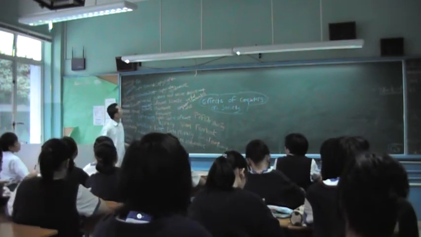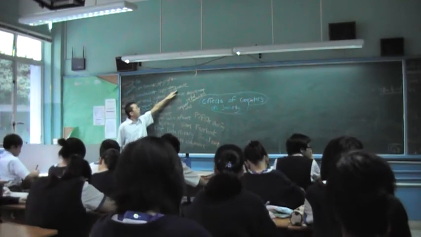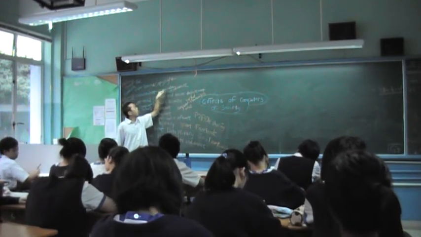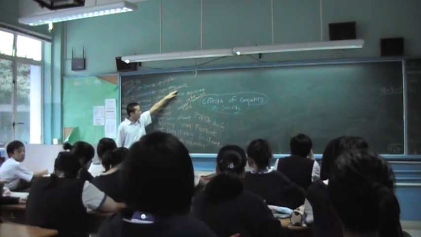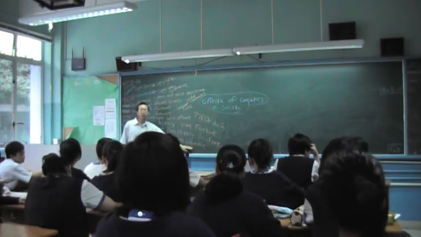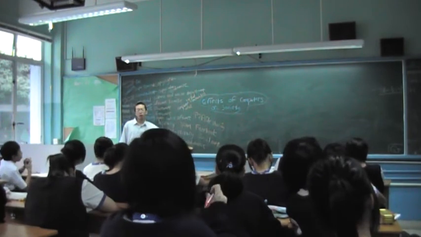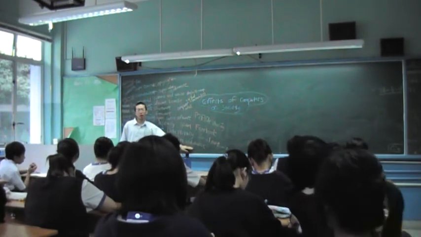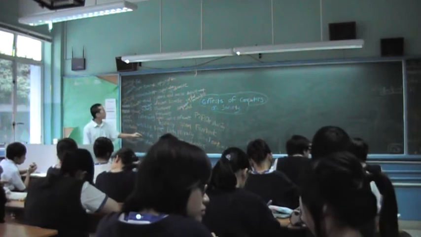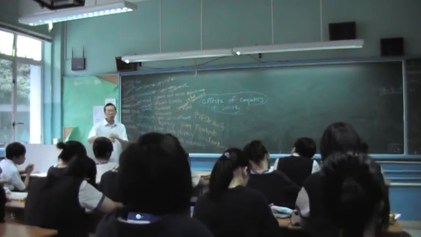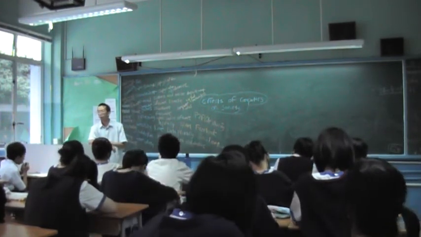By the way, an ordinance is a law. So a copyright ordinance, like a personal data ordinance, they are laws, rules, made by the legislative branch. Next. Piracy. What word do you see in piracy?